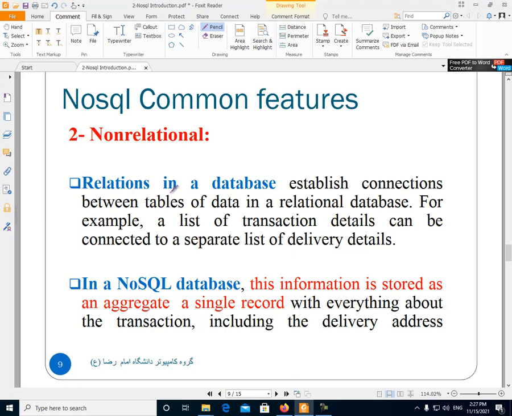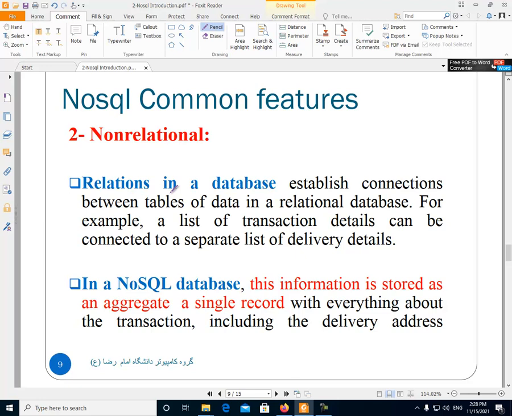So we have two tables, one about the products that are bought and one about the delivery details, and these two tables are related.